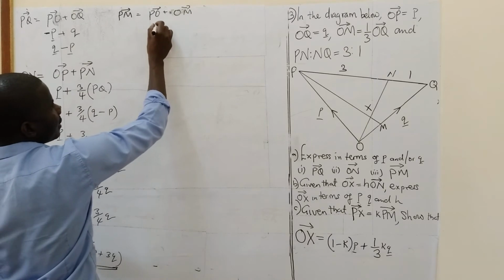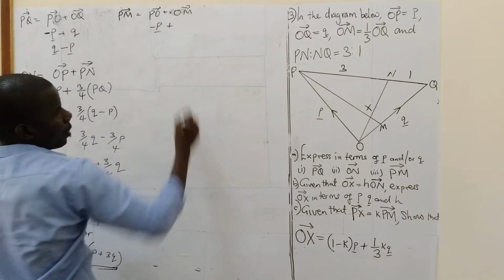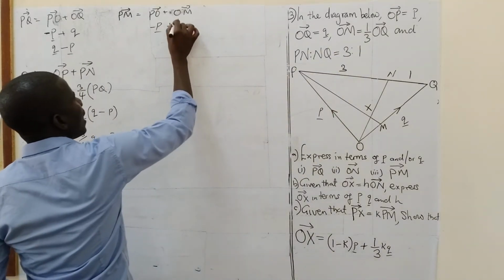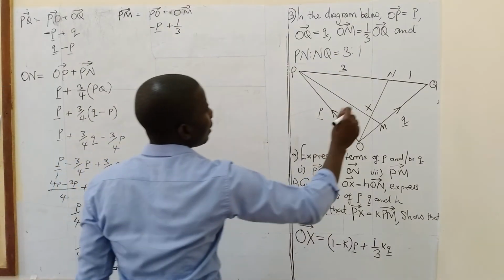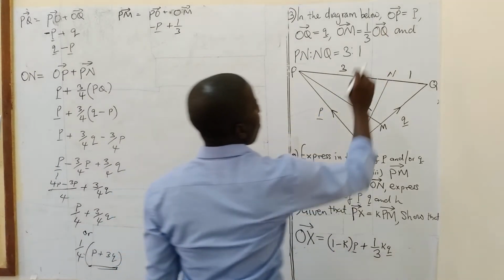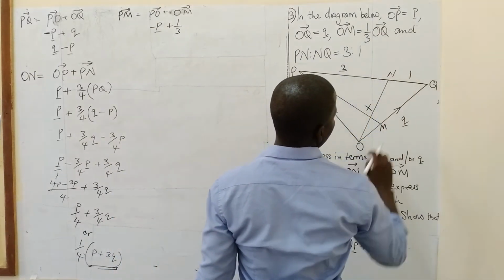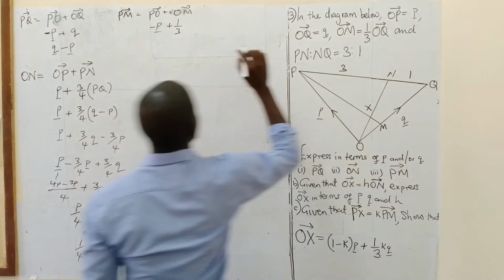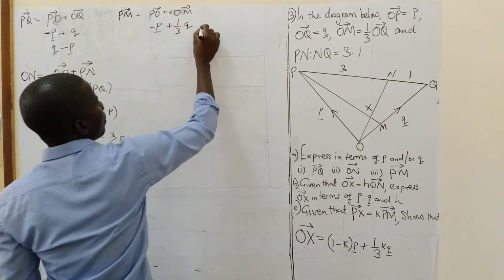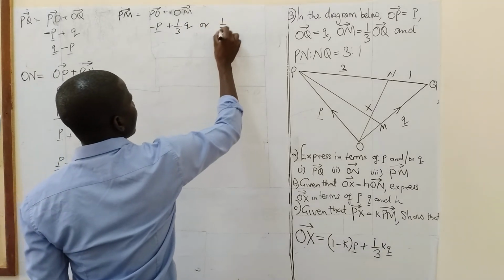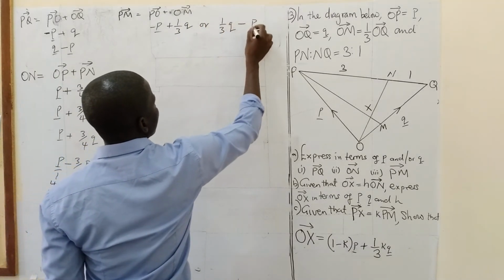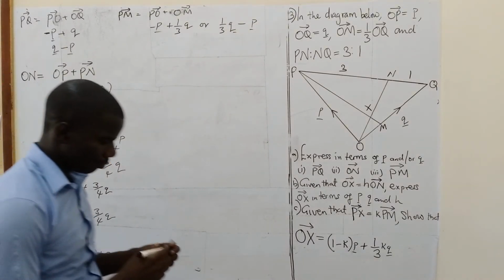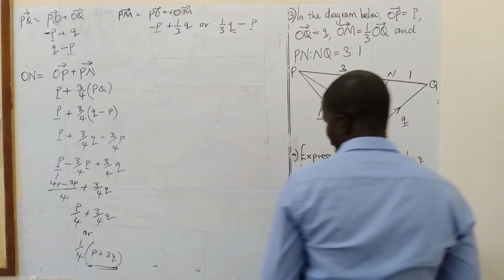So PM is minus p plus OM. OM is equal to what? 1 over 3 of what? OQ. 1 over 3 of OQ. And our OQ is given here. It's given as q. So 1 over 3 q minus p. This is what is going to be our answer here. Okay? This is what is going to be our answer.